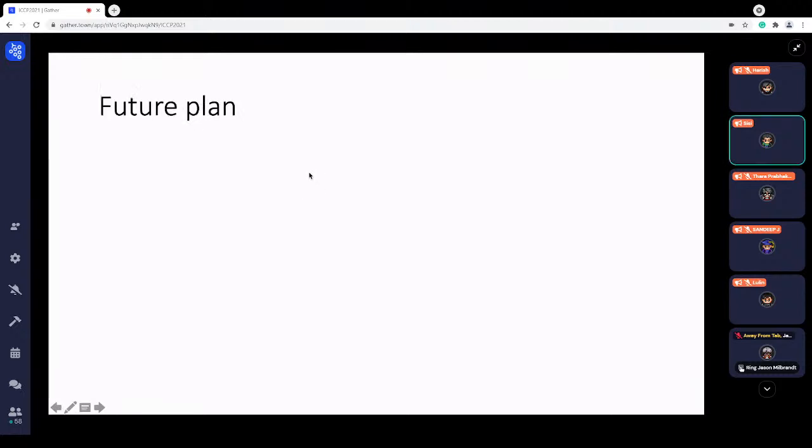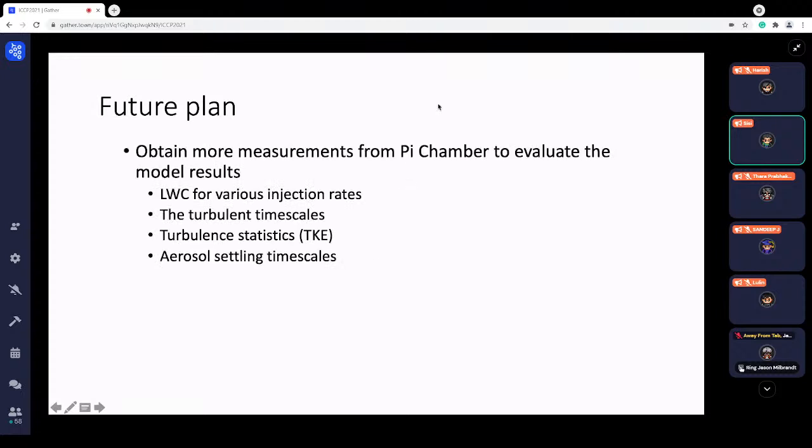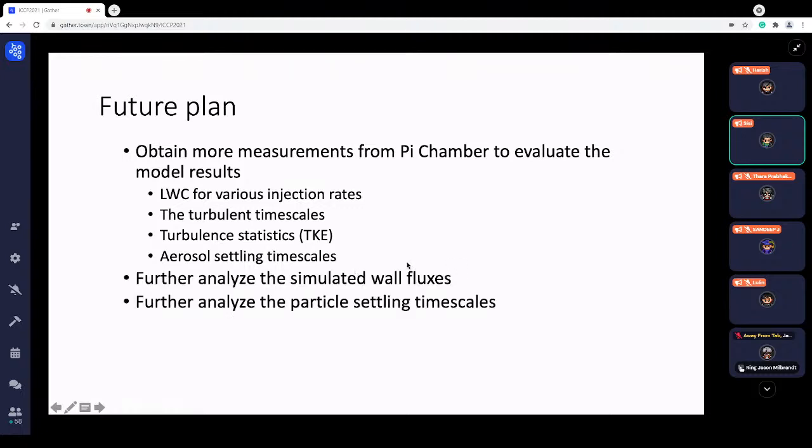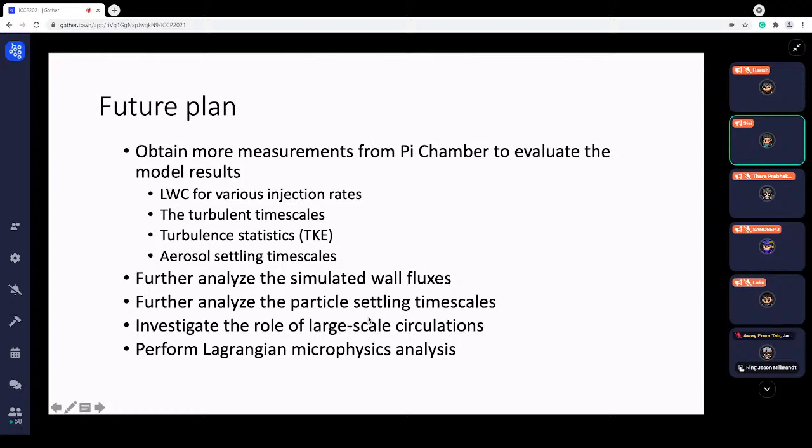So for our future plan, we would like to obtain more measurements from the Pi chamber to evaluate the model results. Some examples are listed here. We would also like to further analyze the wall fluxes and the particle settling timescales, which is important to understand the model differences in both the thermodynamics and microphysics.